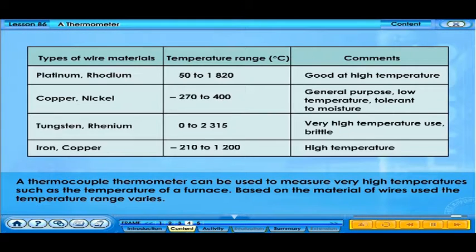A thermocouple thermometer can be used to measure very high temperatures, such as the temperature of a furnace. Based on the material of wires used, the temperature range varies.